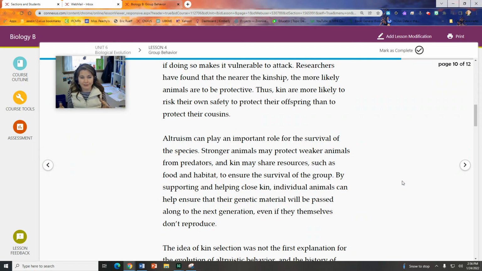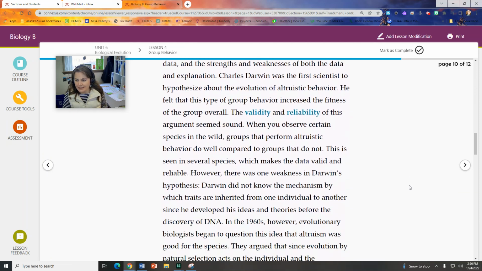So while individually, selfishly, there isn't anything in it for that individual, there is something in it for the gene line of that individual. It's a way to ensure that that gene line does not die off with the individual. You're increasing the likelihood of those genes getting passed on to the next generation.